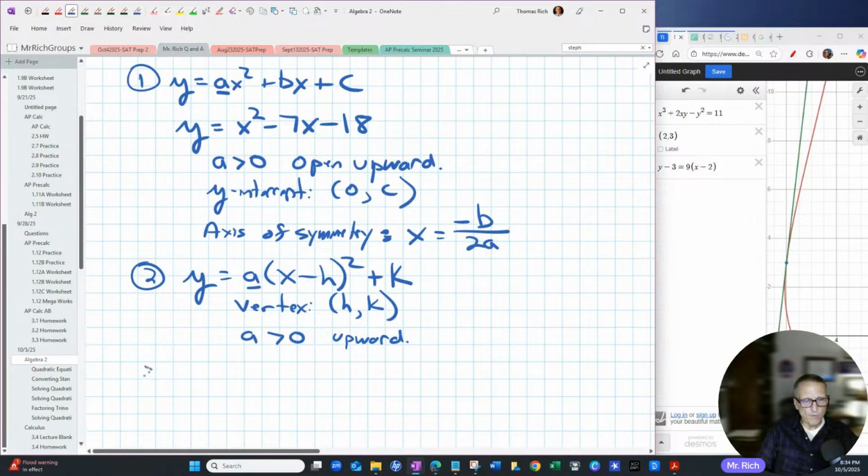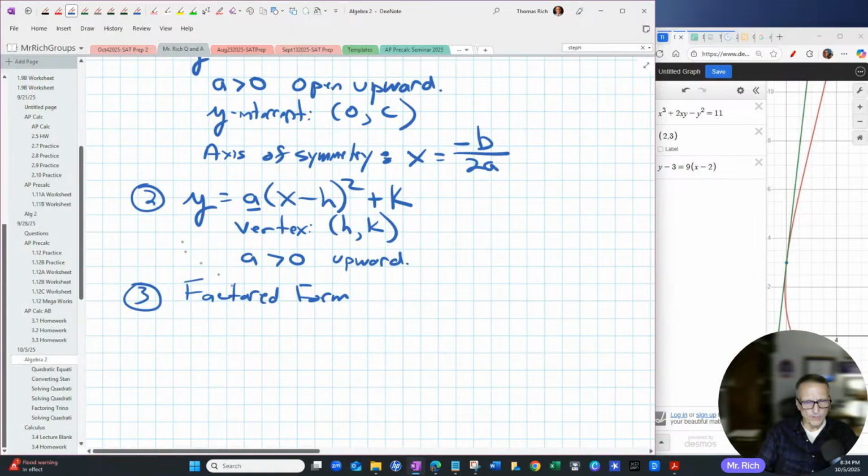The third form that we could write a quadratic in is what we call factored form, or some call it the x-intercept form, but I will call it the factored form. What this is going to look like is y equals a times (x minus x1) times (x minus x2).